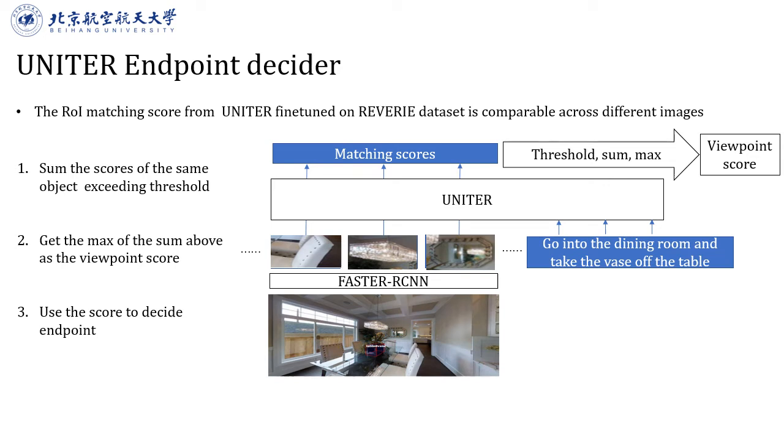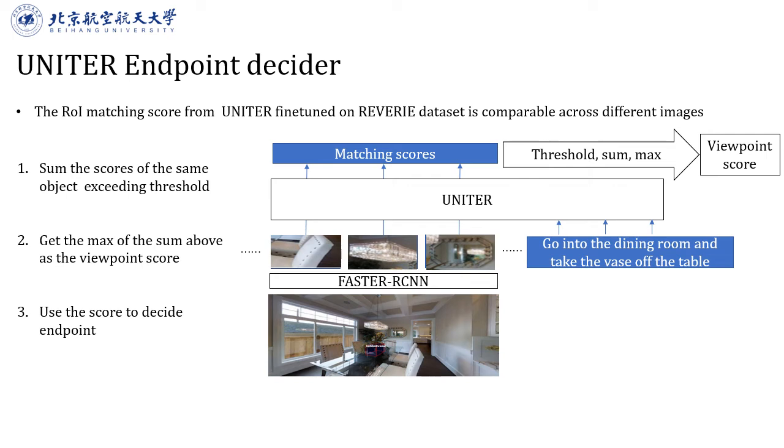For each viewpoint, the Faster R-CNN will extract the region of interest features and feed them into the Unitary model with the instruction. The Faster R-CNN is fine-tuned on Visual Genome. The matching score of different regions of interest is computed after the multi-layer perceptron, and the region of interest scores more than a threshold value that belong to the same object are summed, which means the object appears in this ROI, as its object score.